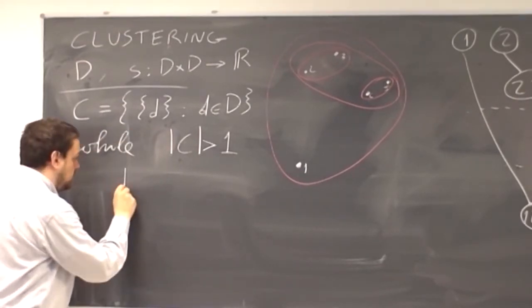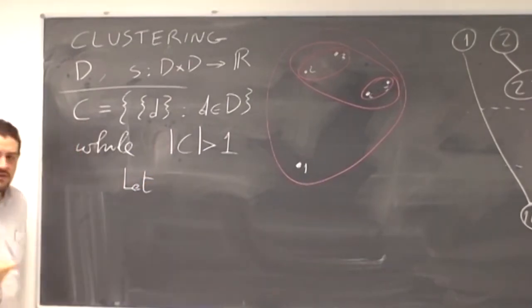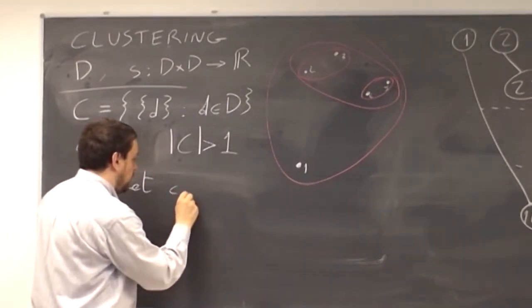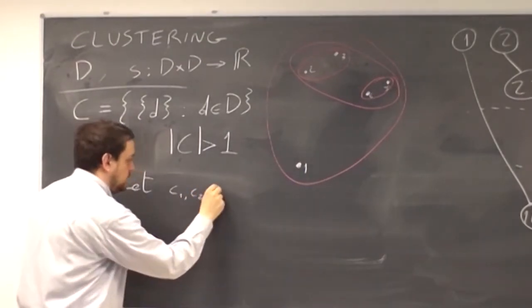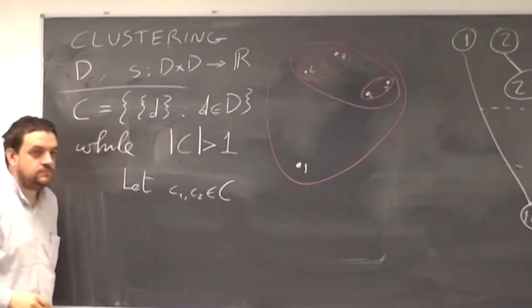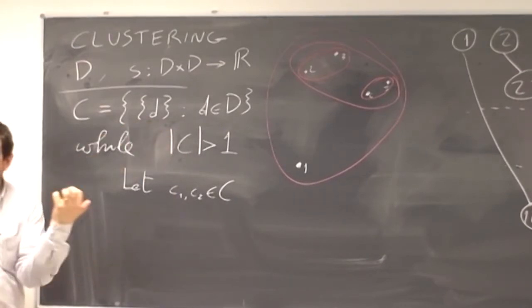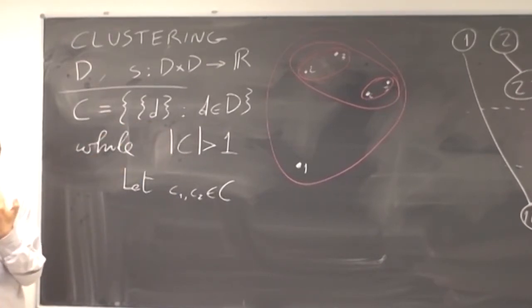We just find C1 and C2 in C. So we pick the two elements of C that are closer together.